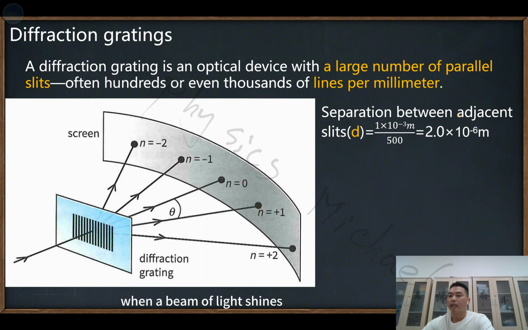When a beam of light shines through a diffraction grating, it behaves much like it does in the double-slit experiment, but with many more slits contributing. This creates sharp and bright interference patterns because the waves from all the slits combine constructively in very specific directions or angles.